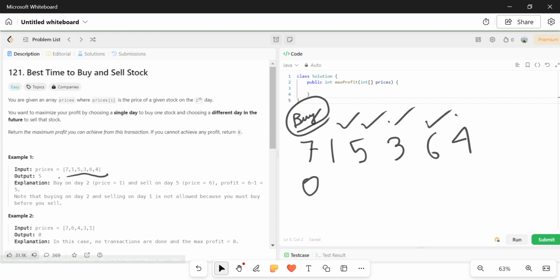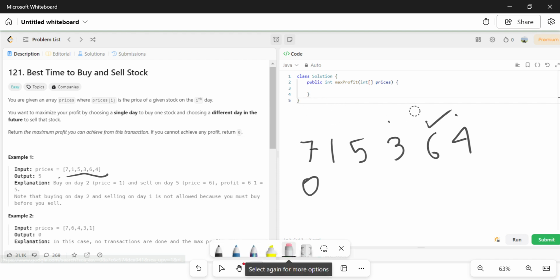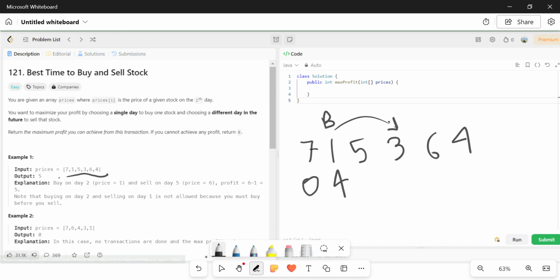And then suppose we consider this as the buying price, 1. Then the very next day we see a profit, 5 minus 1, 4. And the other day, it's 2, which is less than 4, so we might not consider it.